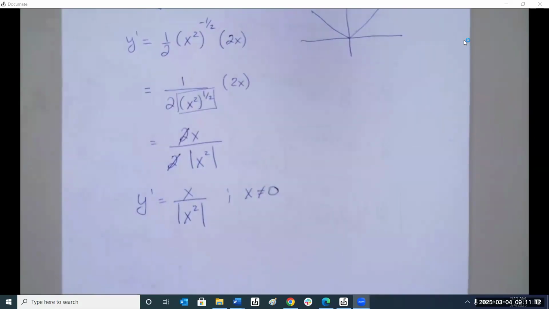Let's look at this. What does the first derivative define? What does it tell us about an equation? What does it find for us? Okay, yes, rate of change, but what does it tell us?